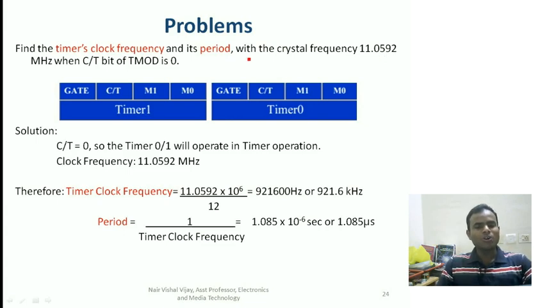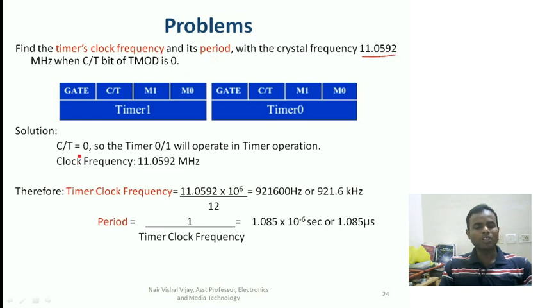As I said, timer clock frequency is nothing but your clock frequency divided by 12. So what is the clock frequency given here? Your clock frequency given here is 11.0592 megahertz. Your counter/timer bit is given as 0, so it is working as a timer operation.